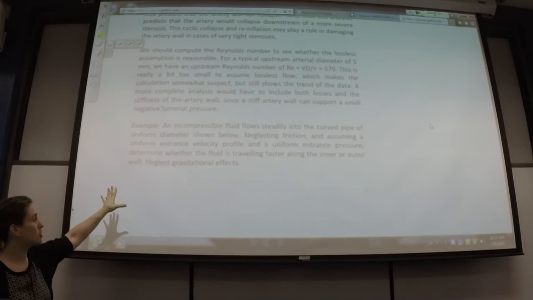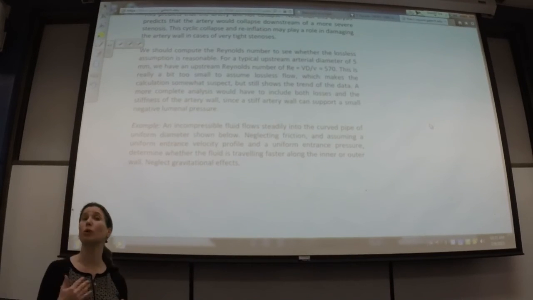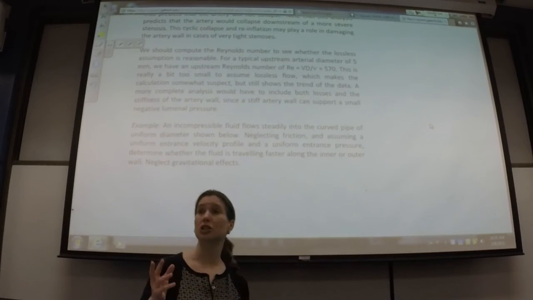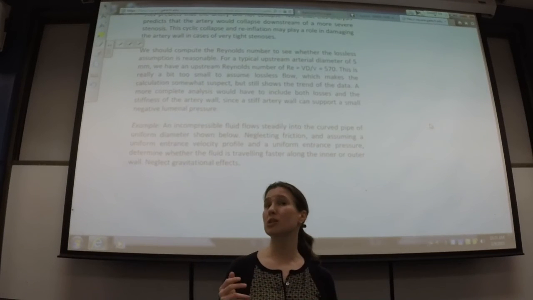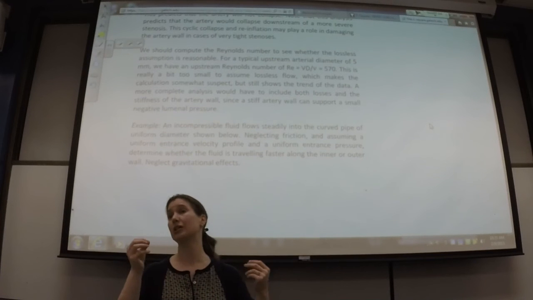What I want to go into next is just a discussion of how we can use those Euler S and N relationships a little bit more to think about the way that a particle is moving depending on which streamline it's in.